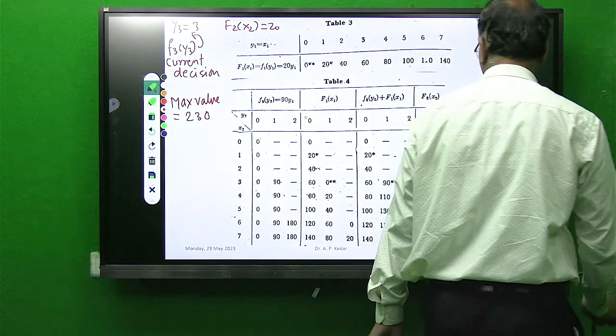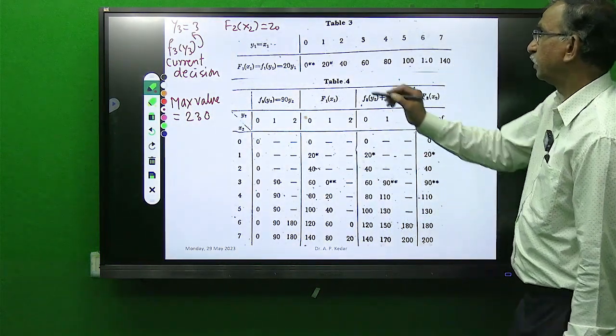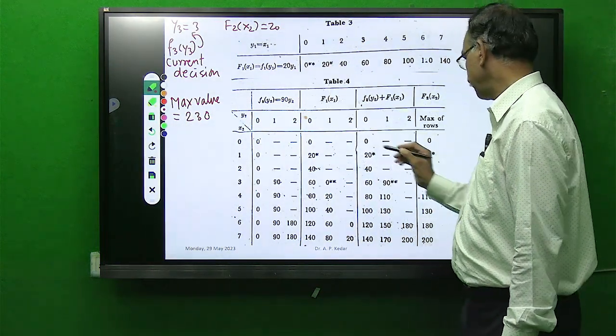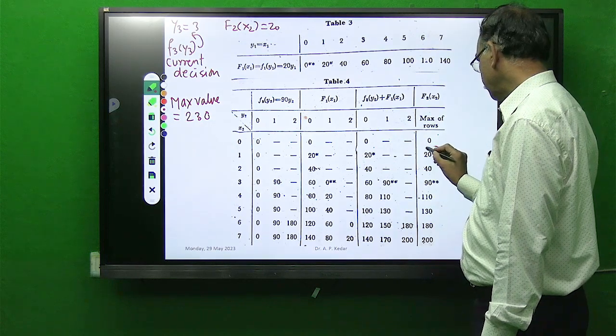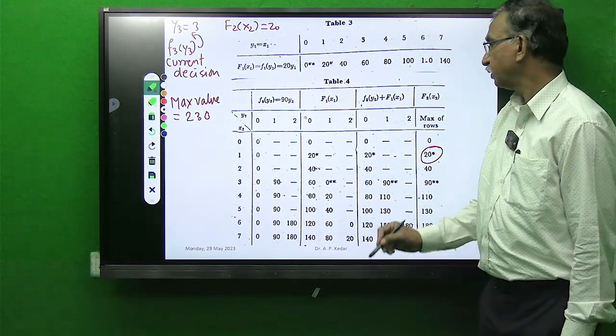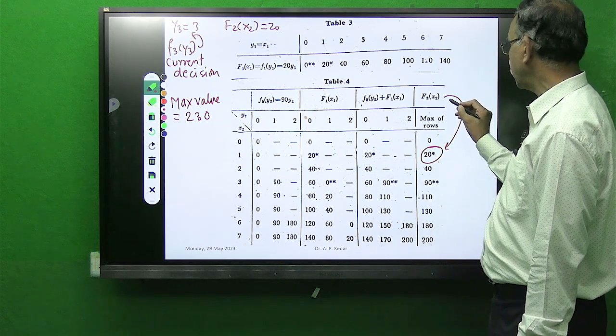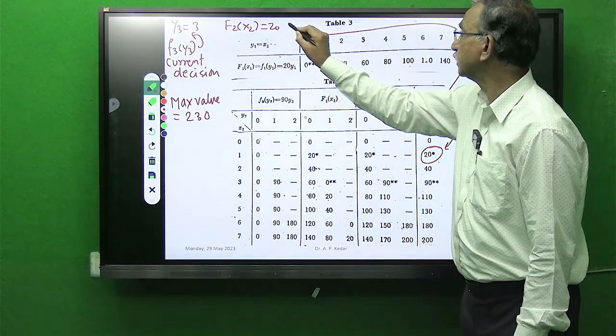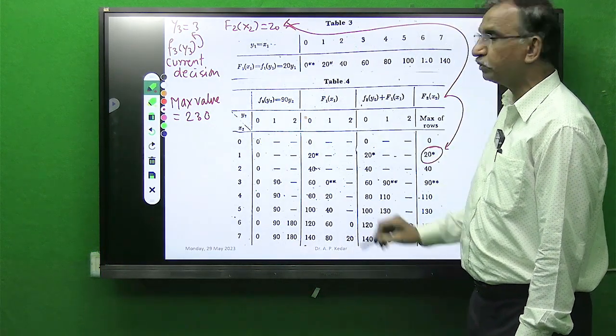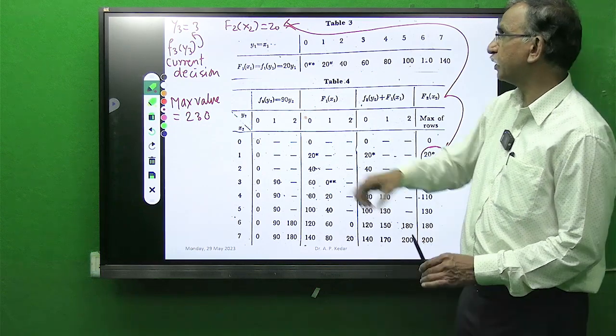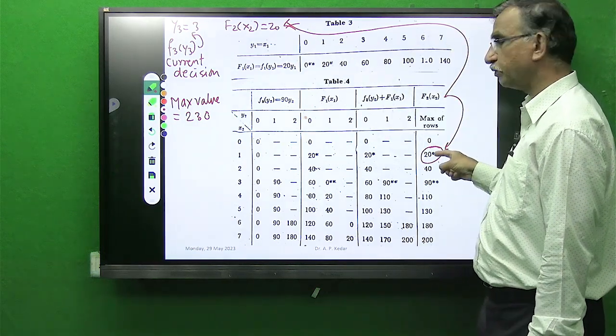Now students, focus your attention on backtracking 20. So 20 is here, this 20 is the F2 x2 value, and see here I am saying the same value. So F2 x2 which is 20.